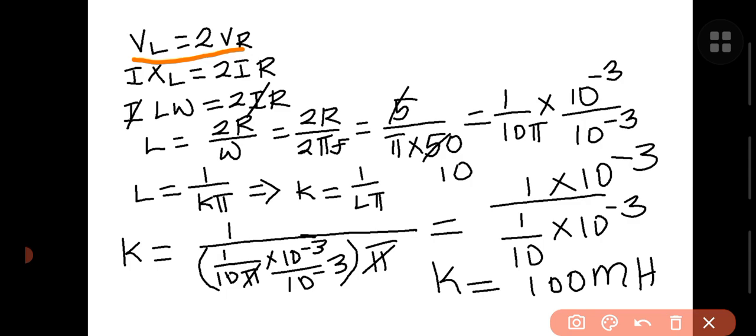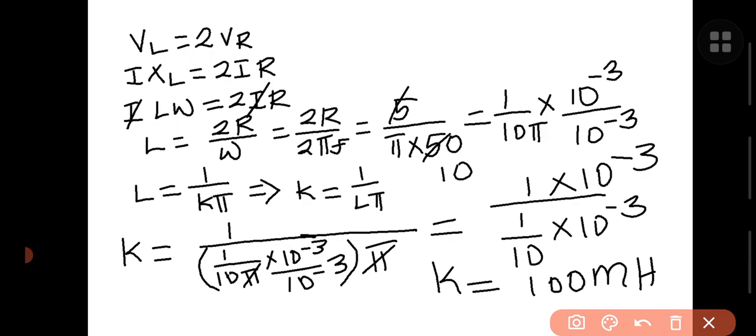So VL, the voltage across the inductor, can be written as I into XL, and the voltage across the resistor is I into R, where XL equal to L omega. Cancel the I. So L equals 2R by omega, where R is given as 5, omega is 2 pi F, and F is 50 hertz frequency.